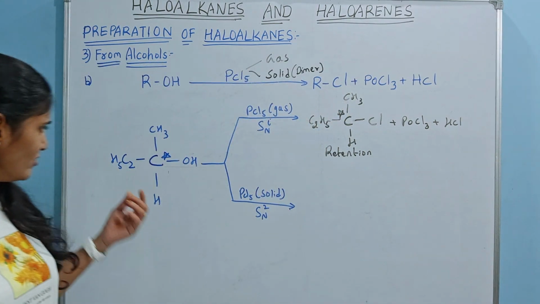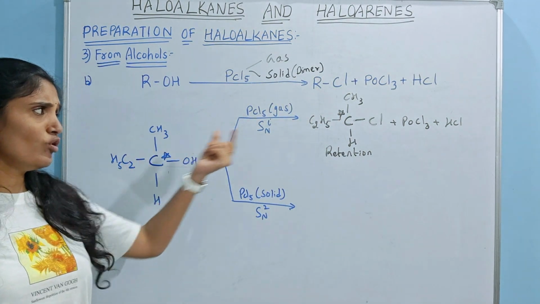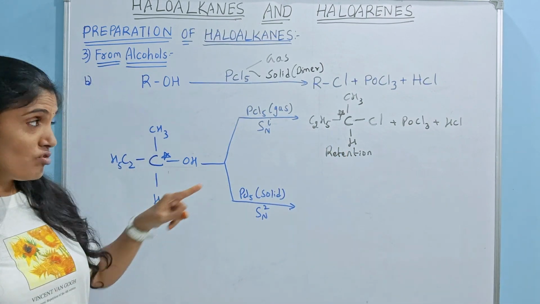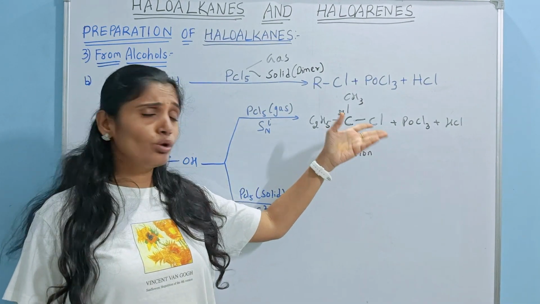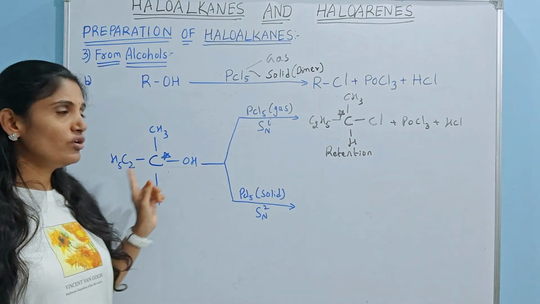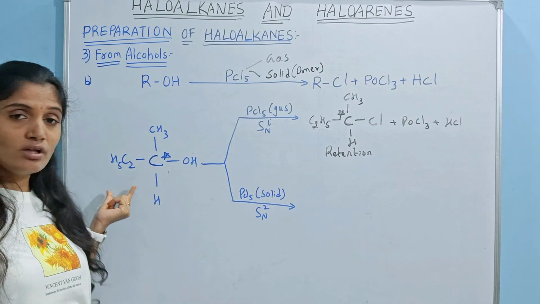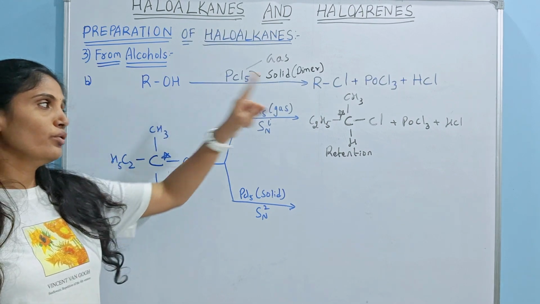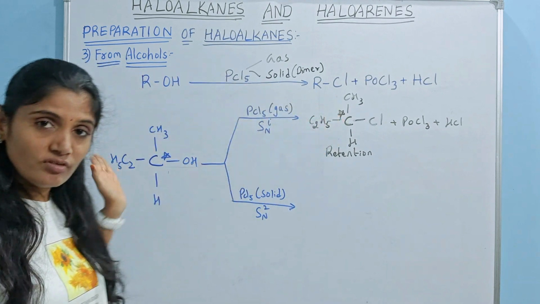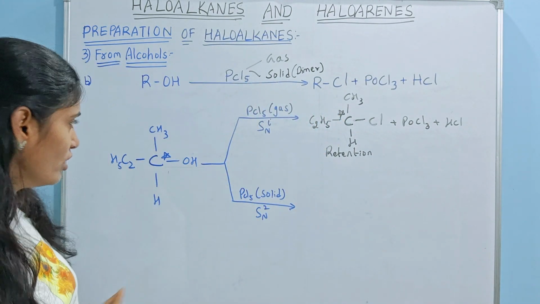For example, if this has D configuration, this also will have D configuration. If this alcohol has L configuration, this haloalkane will also have L configuration. So in retention, whatever configuration the initial compound holds, the product also will hold the same configuration. If this is D, this will be D. If this is L, this will be L. So that is your retention.